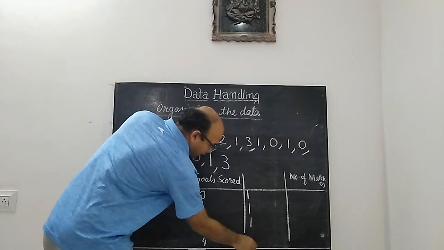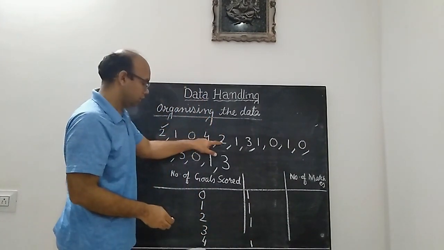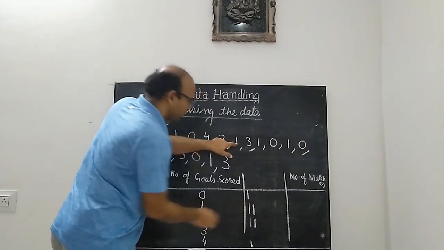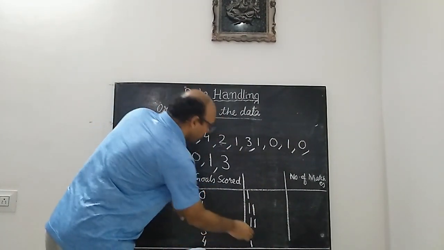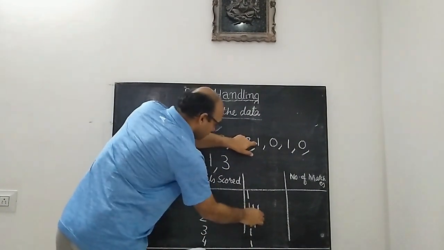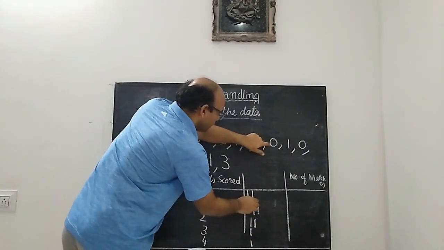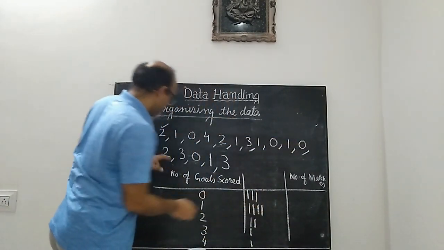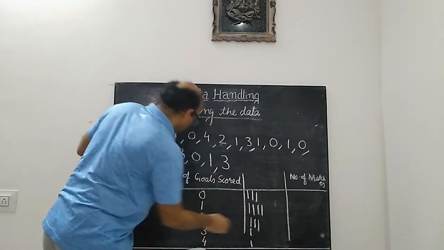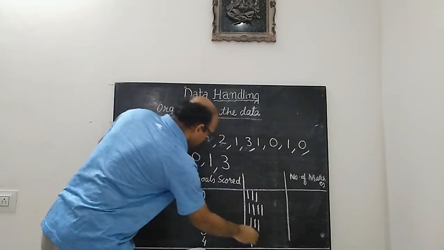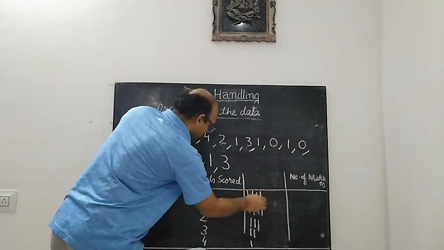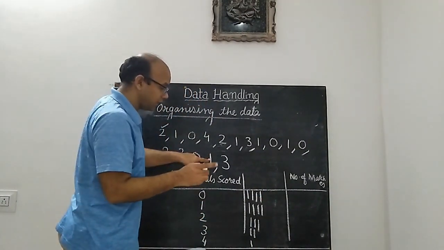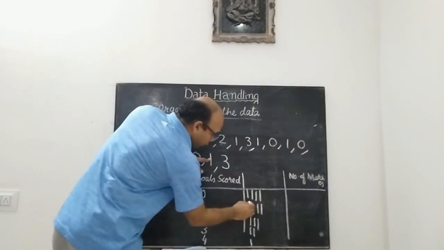If it is 4, we put a tally mark for 4. Then 2, then 1, then 3, 1, 1, 0, 1, 0, this is 2, this is 3, this is 0, then 1.